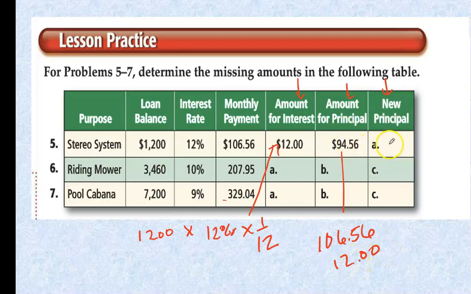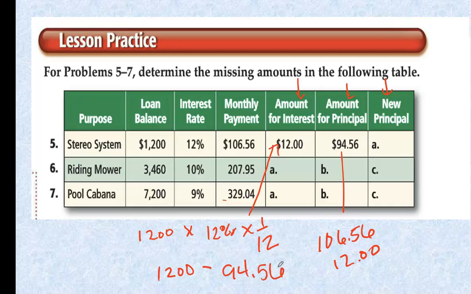Now, what's the new principal? We're going to go back and look at the steps, which you have on your paper. It's the previous principal, subtract the payment. So previous principal would actually be this $1,200, and we're going to subtract the amount paid to principal, which is $94.56.